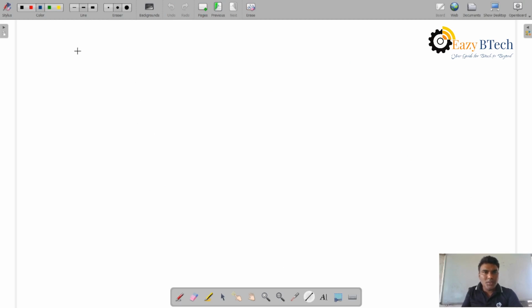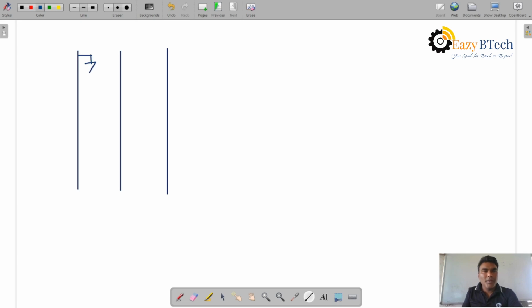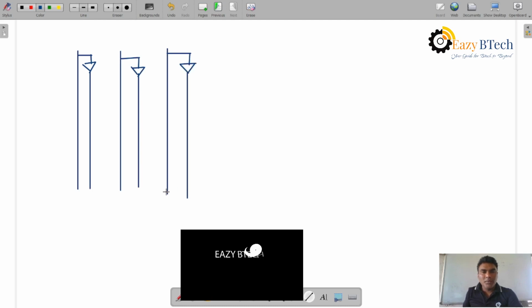Last class we discussed the detailed information like fuse connections. So three inputs are here: x1, x1 complement, x2, x2 complement, x3, x3 complement.